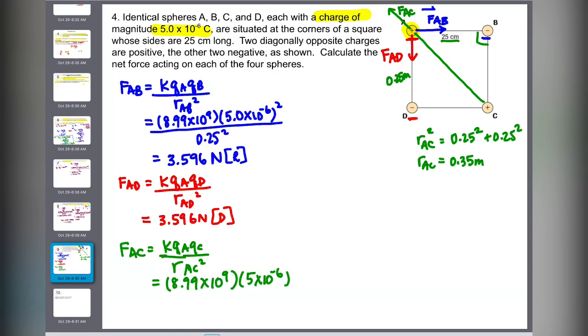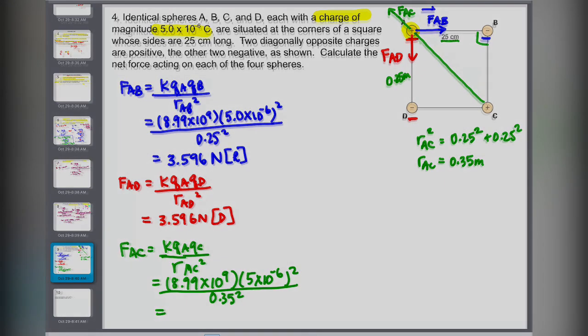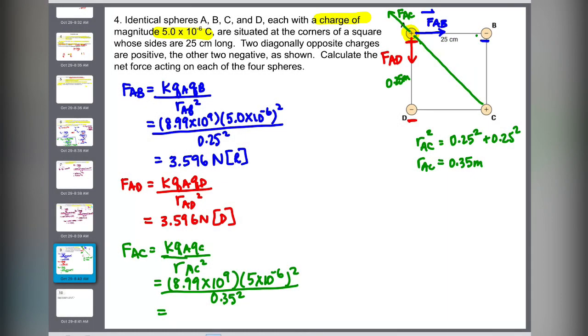The charges are the same, so the square, all divided by 0.35 squared. Okay, so 1.798 newtons. The angle is up 45 degrees to the left.